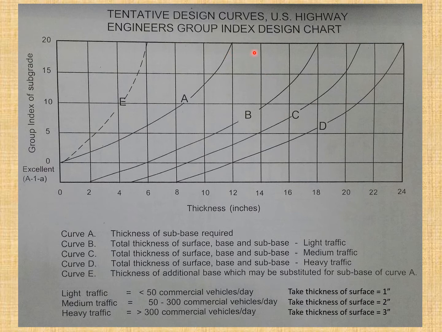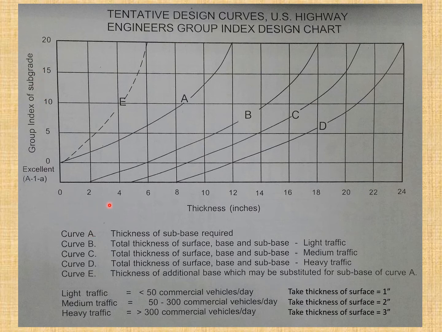So the design curves developed by the US Highway Engineers, the Group Index design chart method. So look at this one. The vertical axis is meant for group index of subgrade. I will repeat, group index of subgrade.